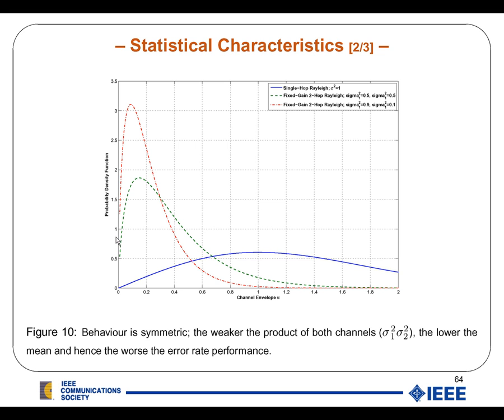In addition, I depicted the fixed gain two-hop relay, where you have equal power in both links, 0.5 and 0.5. Then you have the third case, a fixed gain two-hop relay where the power is imbalanced. My first channel is much stronger than my second one, the first being 0.9 and the second 0.1.